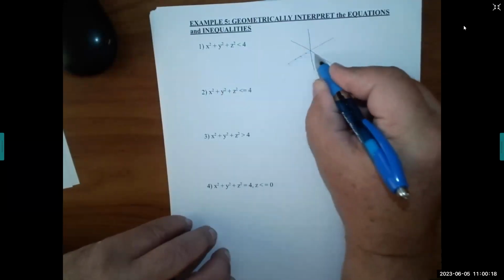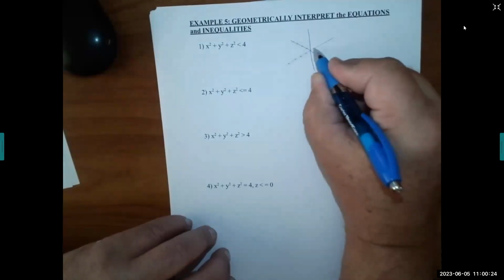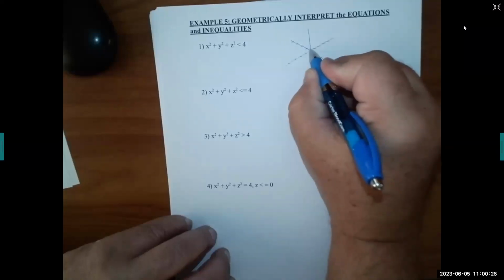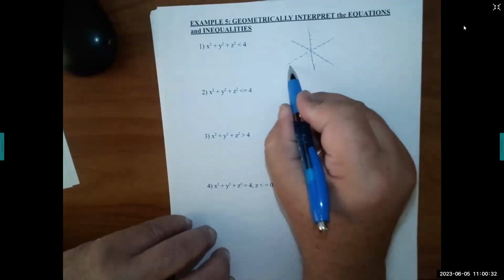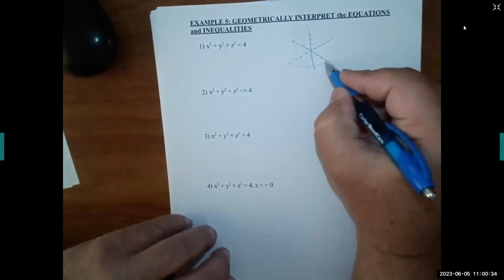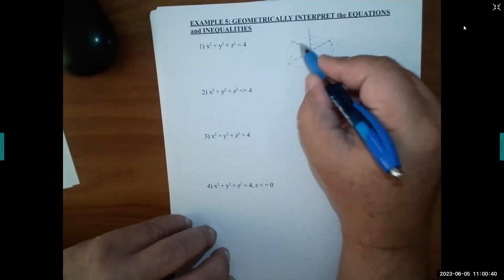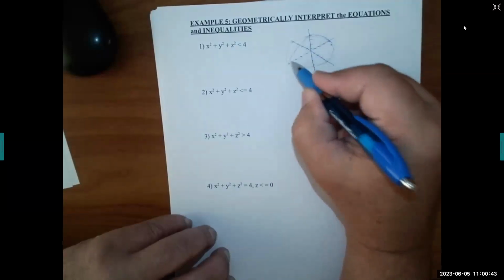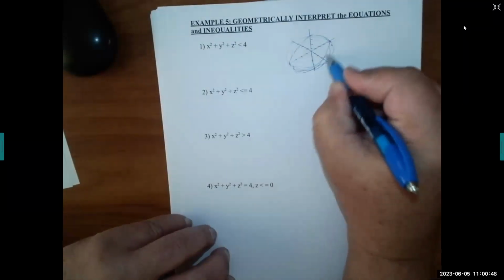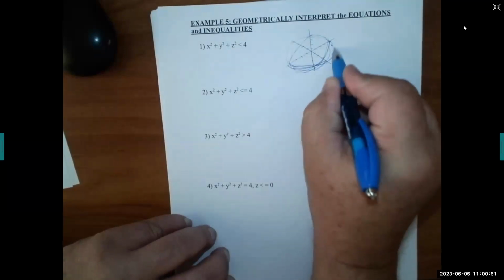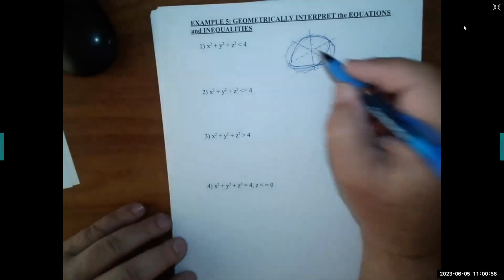The x and y part represent a circle. It looks like a sphere.